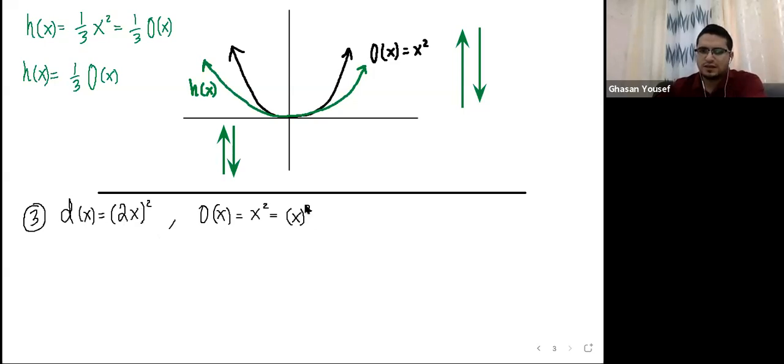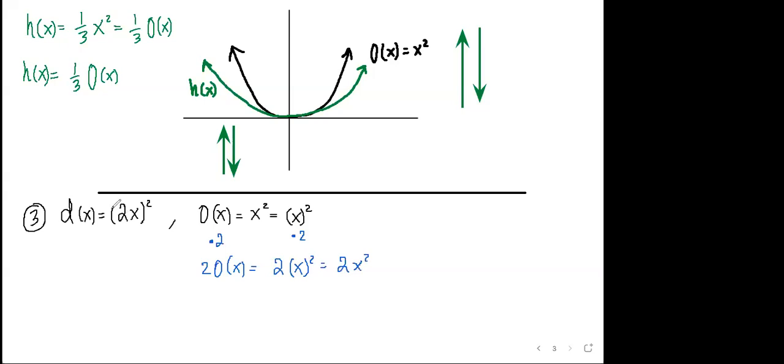What do I have to do for the x here, or what do I have to do for the whole function, to make it exactly equal to 2x to the power 2? If I multiply both sides by 2, I will get 2 O of x equal 2 times x squared, and this is not the same as 2x squared. You have to multiply everything inside by 2x, squared.